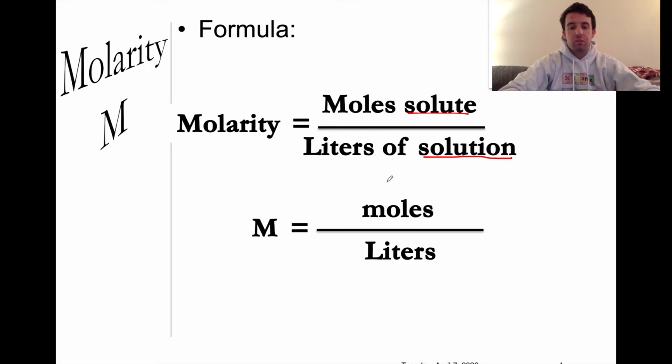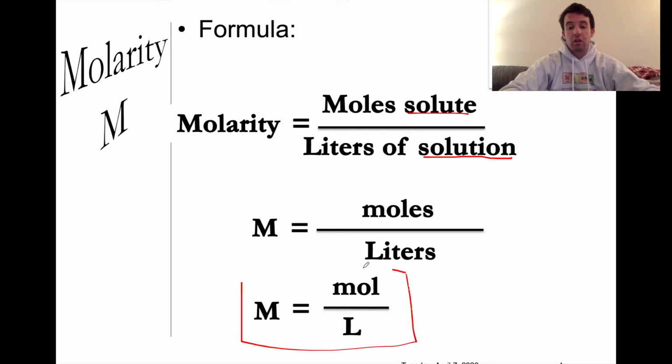Sometimes we can simplify it to big capital M equals moles divided by liters, or we can even simplify that further to big capital M equals mol divided by L. Now, it's important to remember, though, if we are using this final equation, that it's moles of solute divided by liters of solution. That's going to be important to remember, what are we finding moles of, what are we finding liters of.